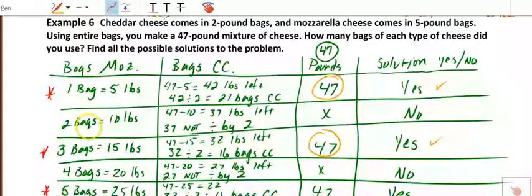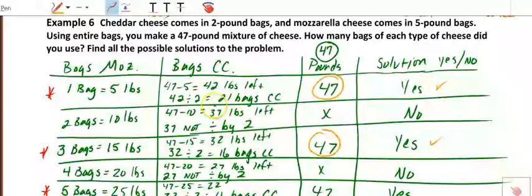Then I just went down the list to make sure I would get every possible combination. I jumped to 2 bags of mozzarella, and since they're 5 pounds each, that's 10 pounds. I subtracted 10 from 47 and was left with 37 pounds to make up with cheddar cheese.